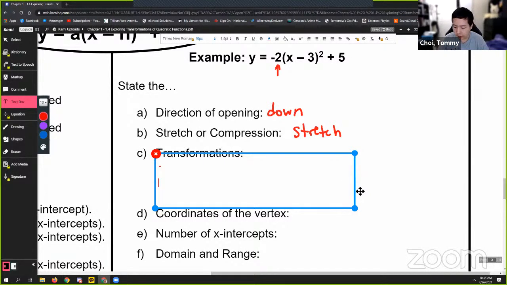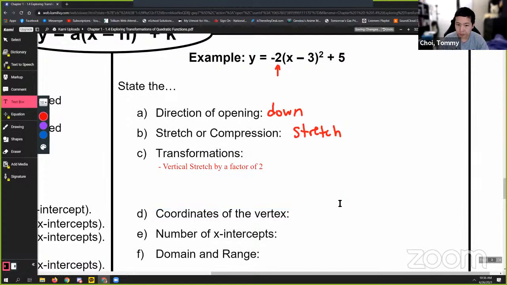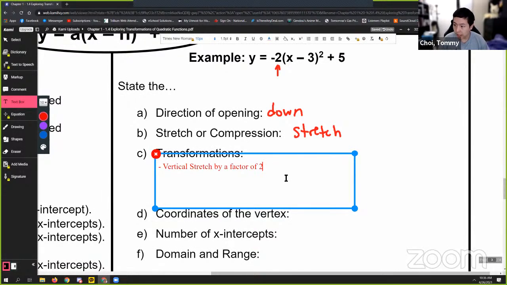So for the A value, like we said before, the A value is a vertical stretch or compression. We have specified that it is a stretch. So the way you write that out, it is a vertical stretch by a factor of 2. Just like that. Notice how I do not include the negative.